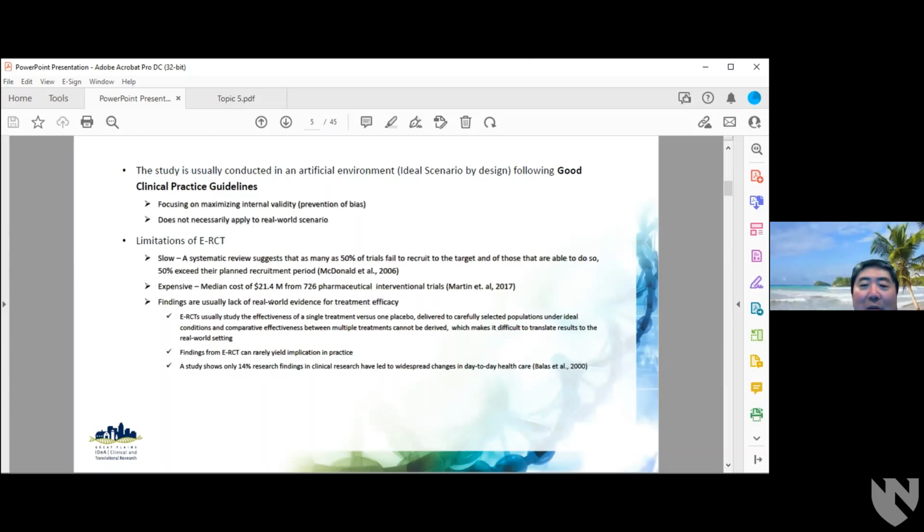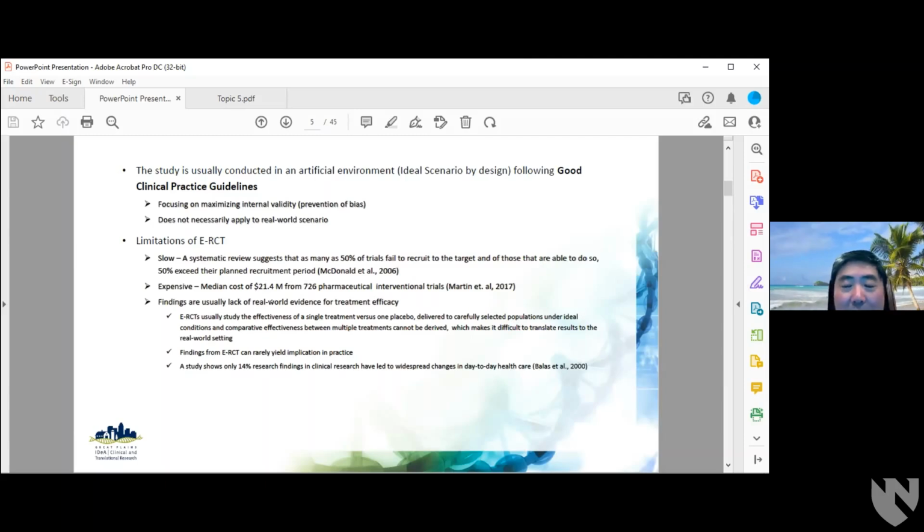Even if you design to recruit 300 or 400 people based on statistical consideration, 50% of trials fail to recruit the target. There are a lot of issues, like patient recruitment, that need to be taken into account very early on, and you need to consider that very carefully. Even if you're able to do so, 50% of those will exceed their planned recruitment period.